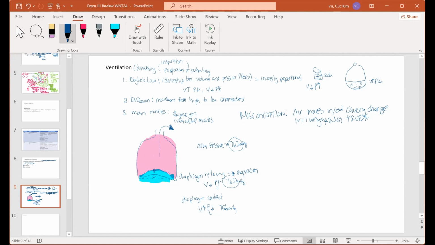So in the case that the diaphragm contracts, the air is going to go from where it's high to low. So in other words, from the outside into the lungs. Okay? So when the diaphragm contracts, that's going to result in inspiration.